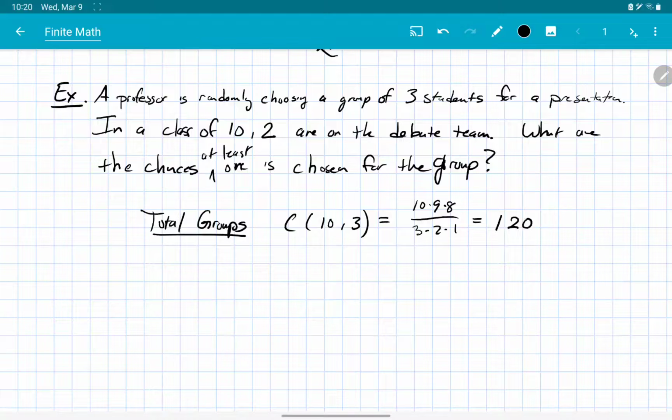Okay. Now we want to ask, how many total groups have at least one person who's on the debate team? I think an easier question to answer is how many groups are possible without a person on the debate team?